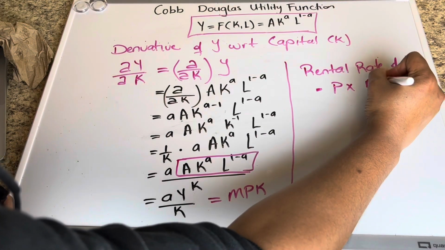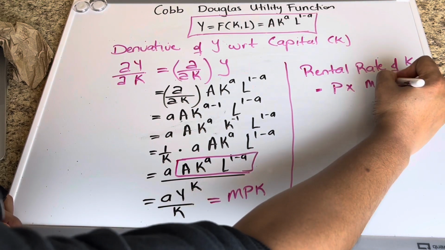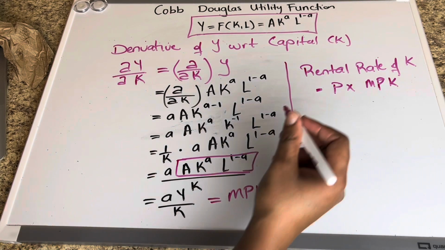So that's the MPK. All right, and then the real rental rate will just simply be R over P, which is also equal to the marginal product.